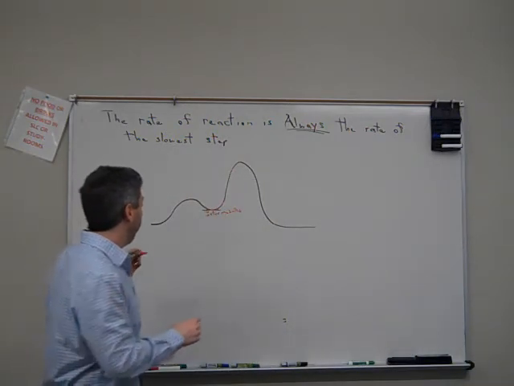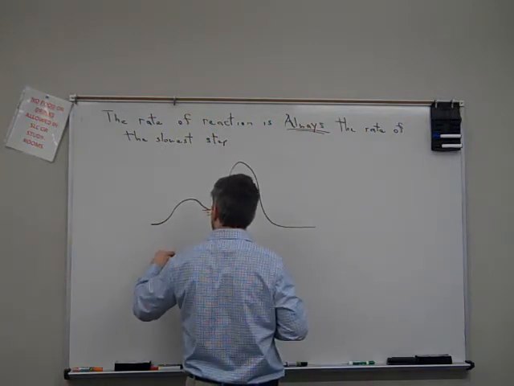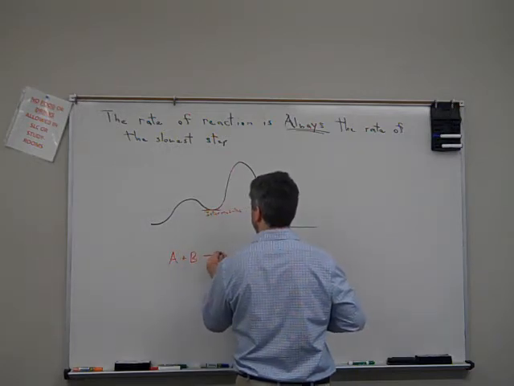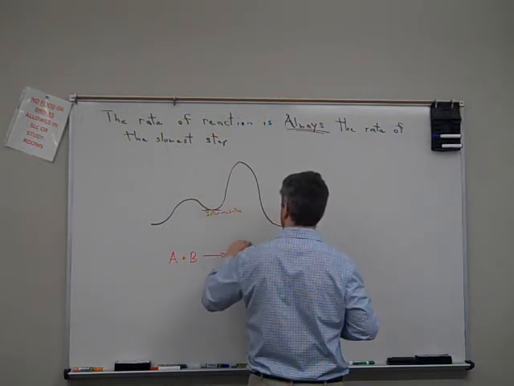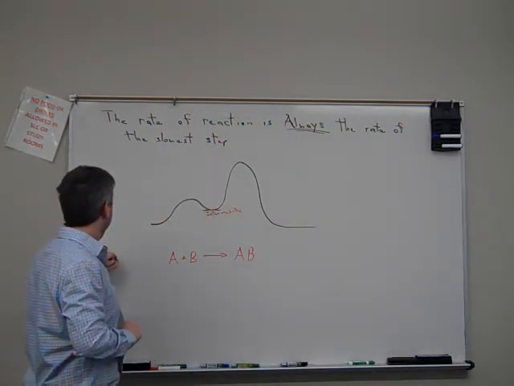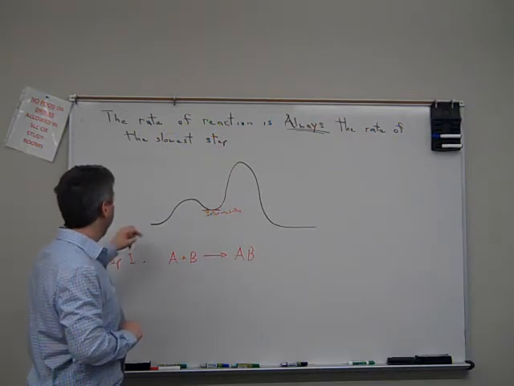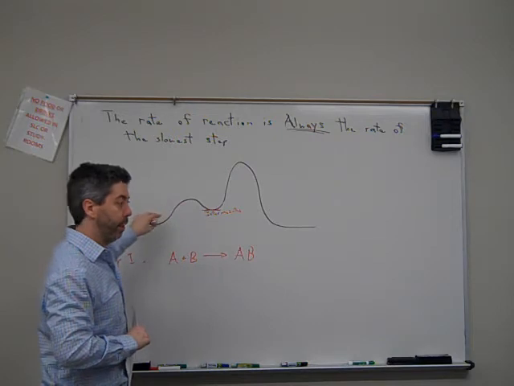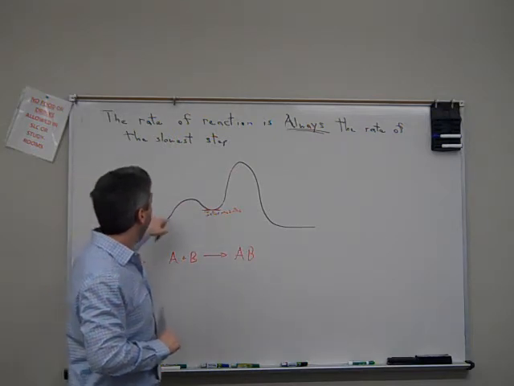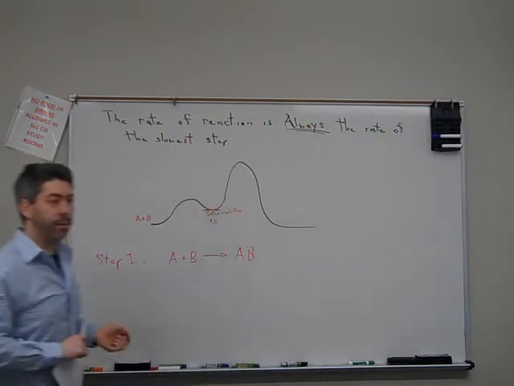So let me give you an example. Let's say, for example, I have A plus B goes to form AB. Okay? Let's say that's the first step, step 1. That's what's represented by this first section here. I start with A plus B. They react, and here I have AB. Okay?